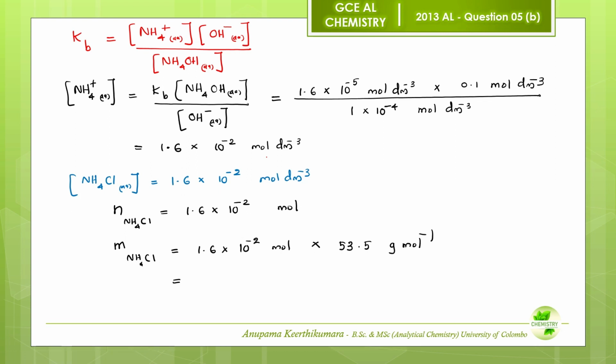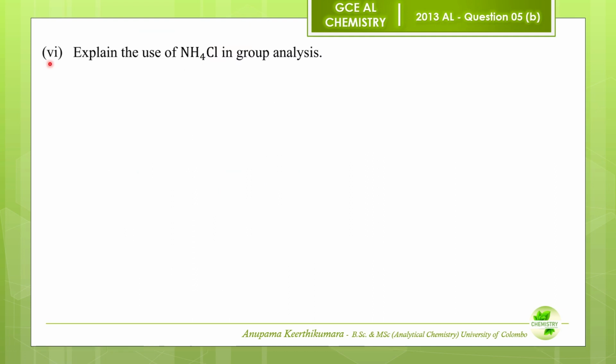Therefore, the required mass of ammonium chloride is 0.856 grams. This is the answer for question number 5. Question number 6. Explain the use of ammonium chloride in group analysis.